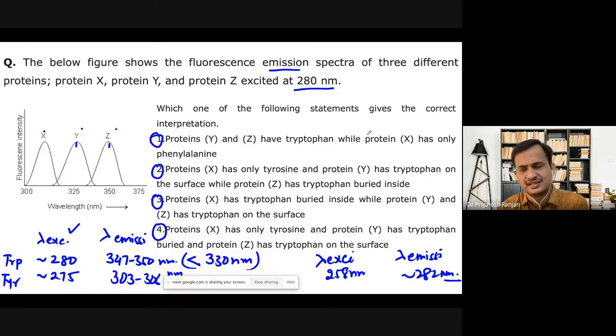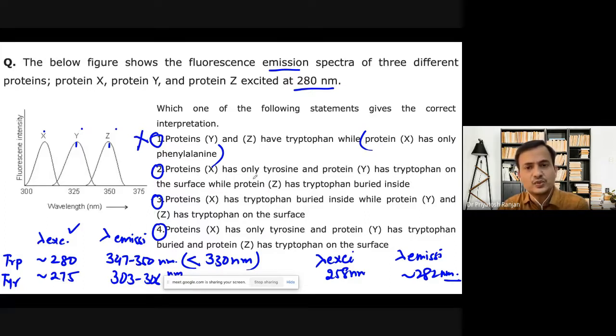Now this part doesn't seem to be true. I'm talking about the emission spectra. Phenylalanine generally gives the emission spectra close to 282 nanometer, and as said before, because of its low quantum yield, it is generally not considered. So the latter part seems to be wrong. Overall, this statement is not correct.